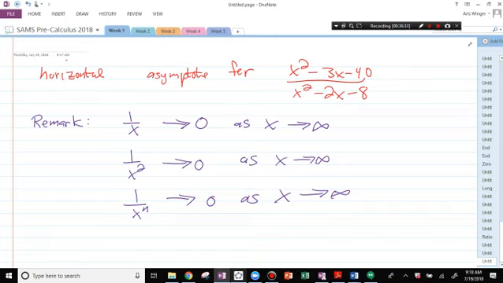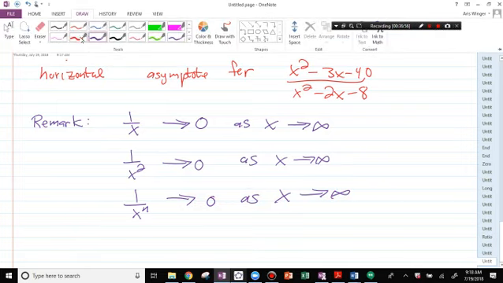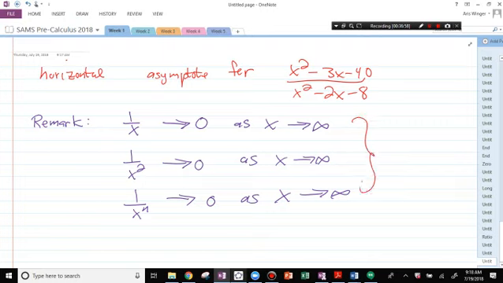So when you're looking at 1 over something that's getting really, really big, then the whole thing is really, really small. The reciprocal of something really large is something really small. The reciprocal of large numbers tends to 0.